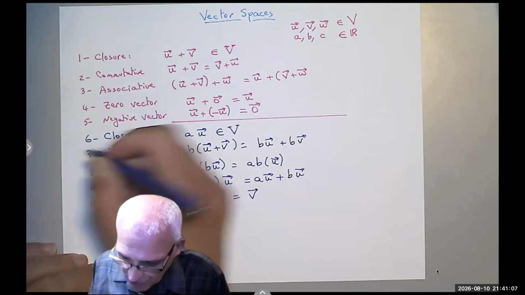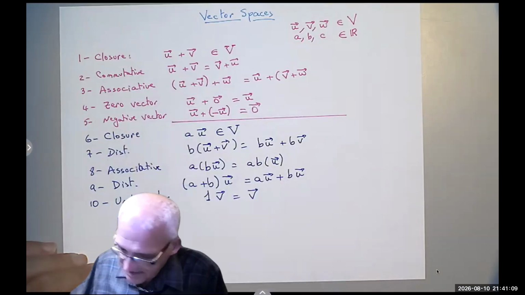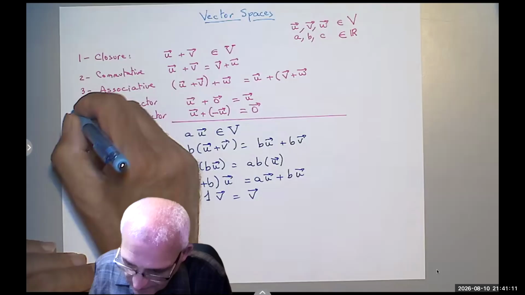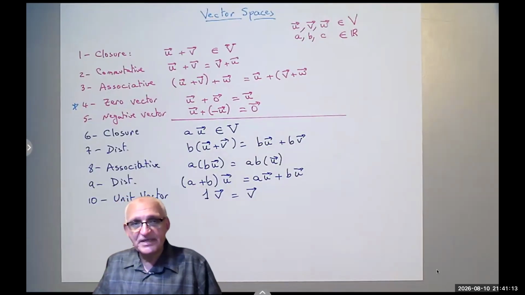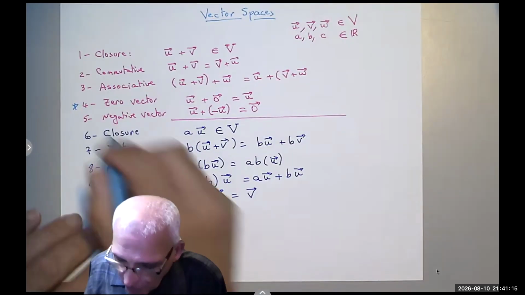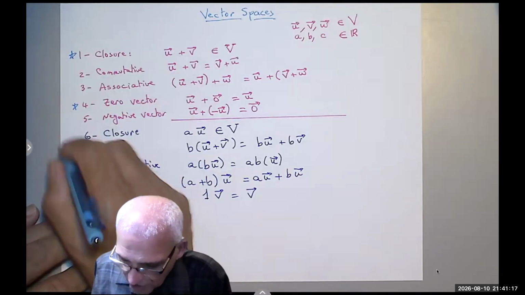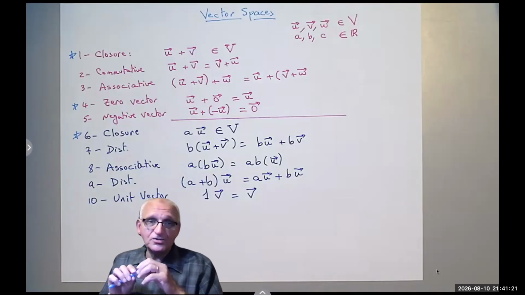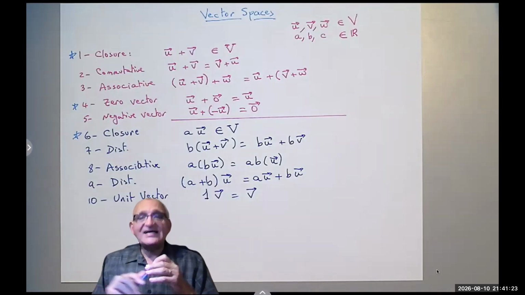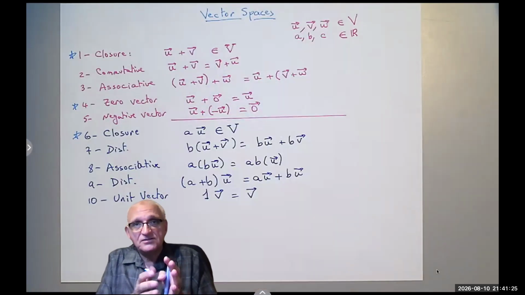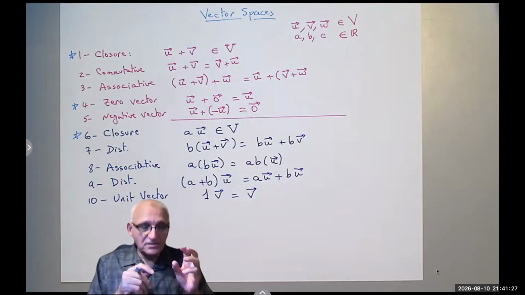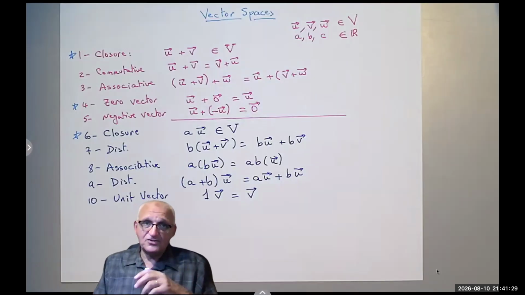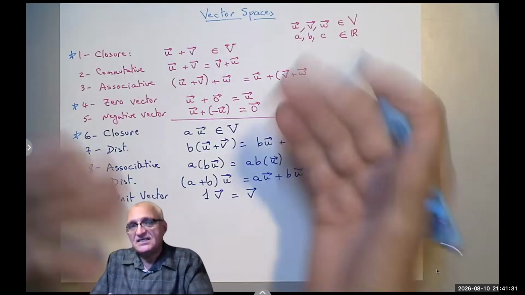But most importantly, I would say we need to make sure we have the zero vector in our vector space, closure under addition, and closure under scalar multiplication. These are extremely important ones, especially if I take a part of this vector space. We call it a subspace of it.